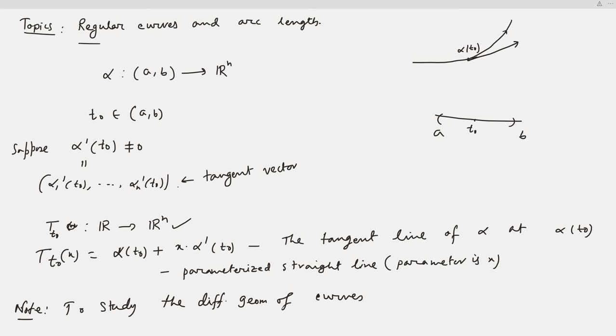So it is essential that there is existence of a tangent line at every point.